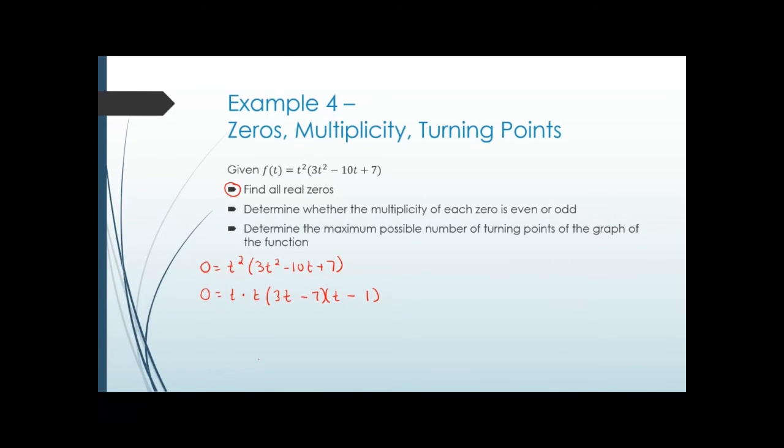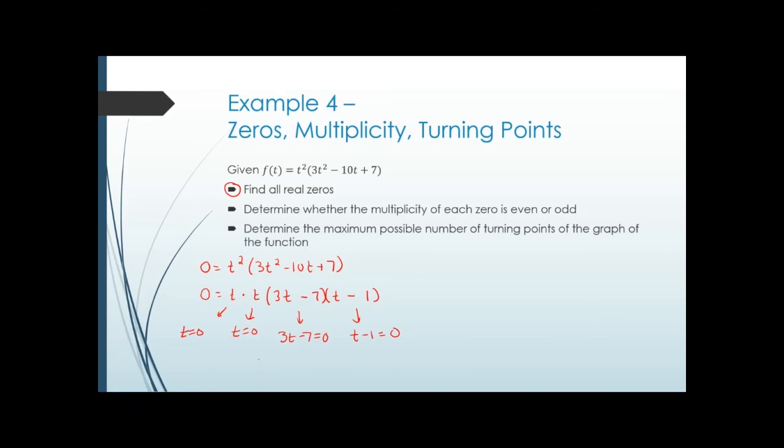Now when we're finding the zeros, we're setting each of these equal to 0 and we're solving for t. So I have t equal to 0, t equal to 0. This gives me 3t minus 7 equal to 0, and then t minus 1 equal to 0.